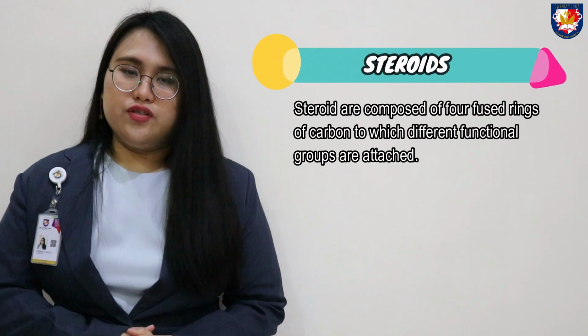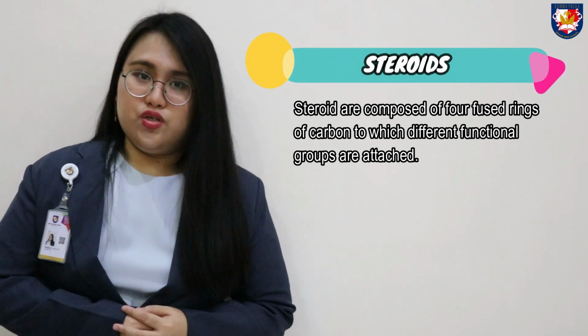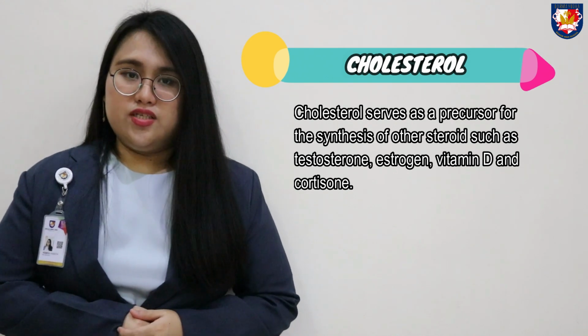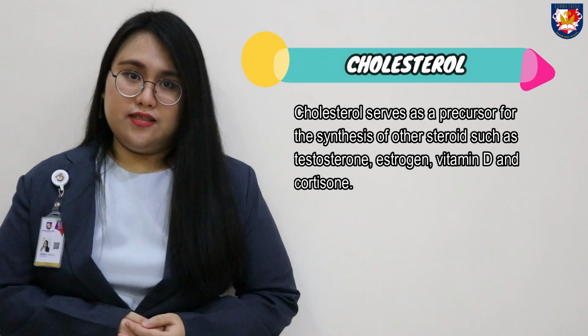Now let's talk about the third group of lipid, which is the steroids. Steroids are composed of four fused carbon rings, to which different functional groups are attached. One of the most well-known steroids is cholesterol. Cholesterol serves as the precursor for the synthesis of other steroids such as testosterone, estrogen, vitamin D, and cortisone.